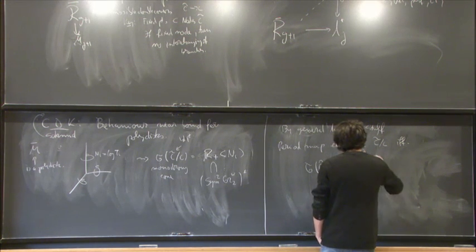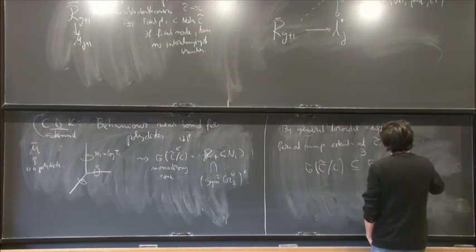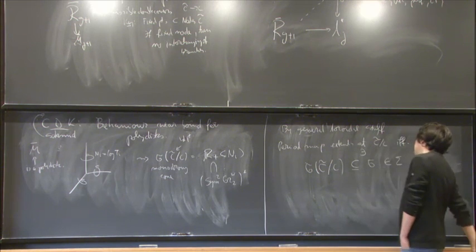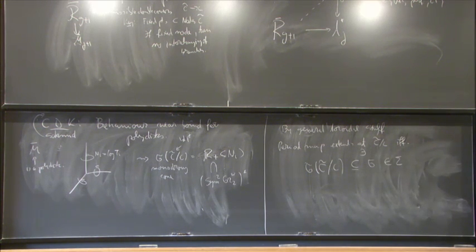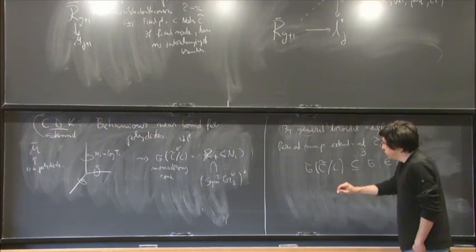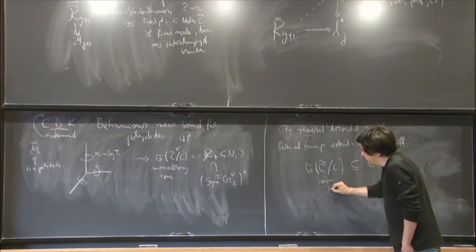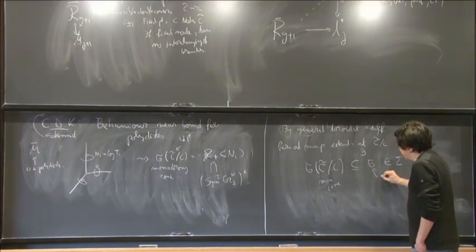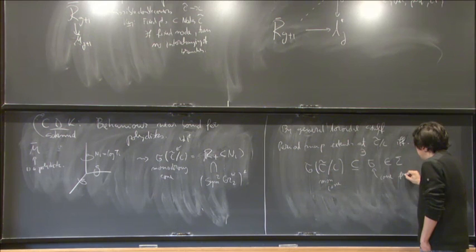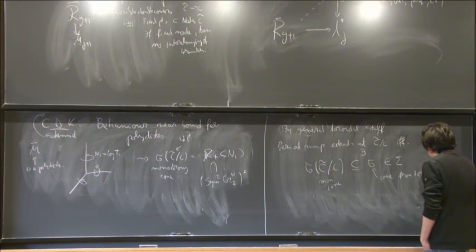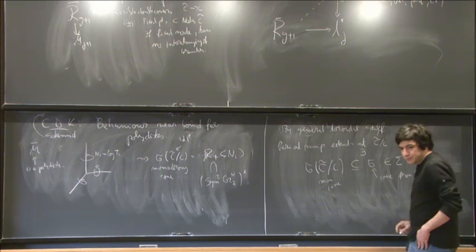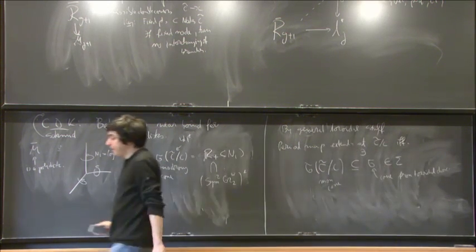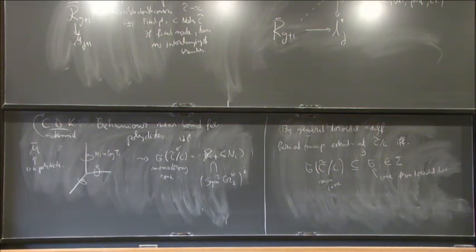So there exists a cone sigma belonging to the toroidal data, a cone coming from toroidal choice, such that you have such an inclusion. That's the statement, and this is completely general.